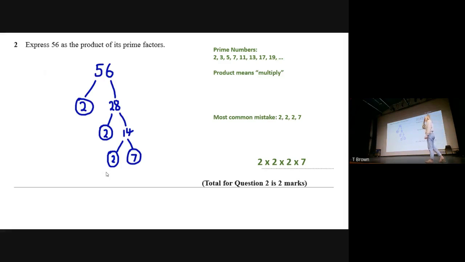Sometimes you use that to calculate highest common factor, lowest common multiple, and if it's on the calculator paper, then you use your calculator to do that. Any questions on that one?